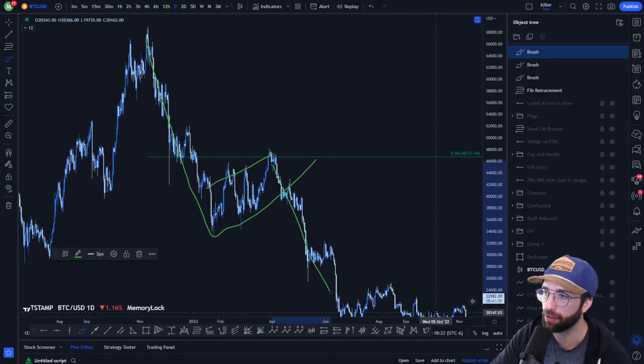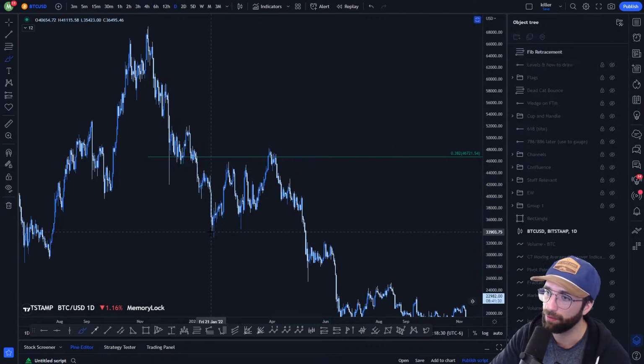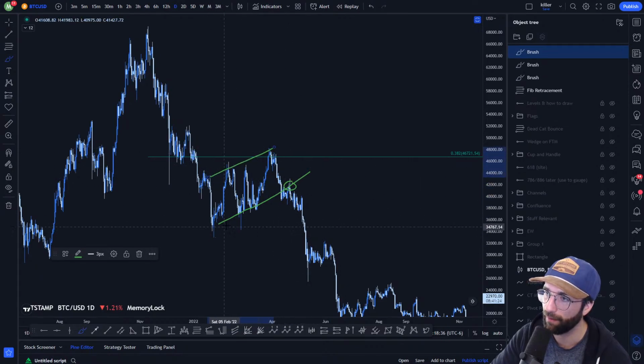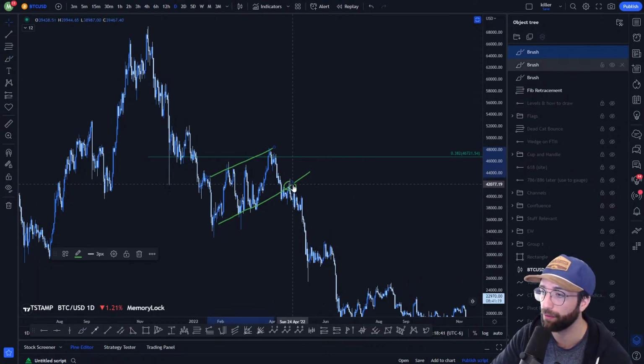For then continuation to the downside. It's perfect. This actually was a pretty perfect bear flag. You can even see here how it back tested the bottom of the flag, right? Before having its breakdown. You know, this was a perfect bear flag.